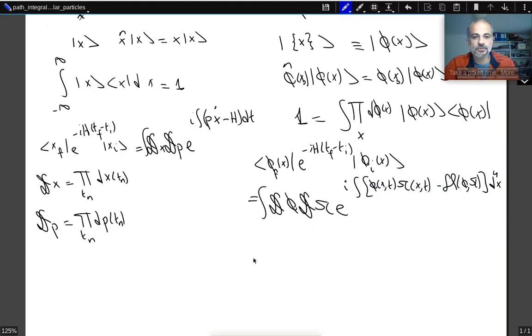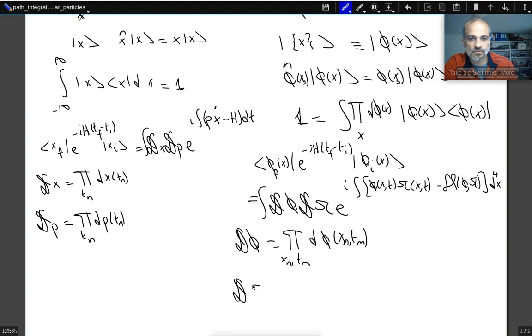And here the measures are again the product of the measures of the fields at various points and times, and the corresponding measure over the momenta.